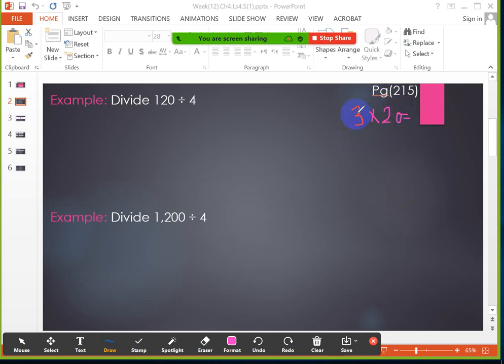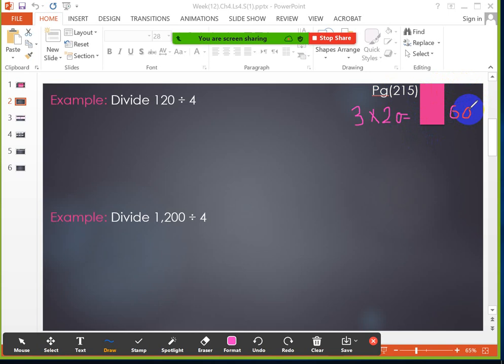The answer is 6, right? And I have to put 1 zero next to the answer. So the final answer will be 60.